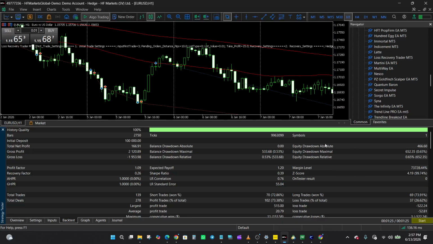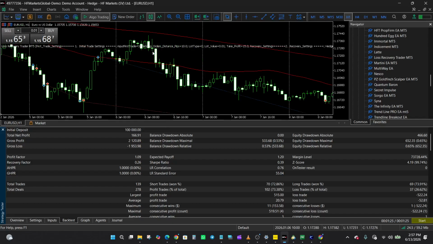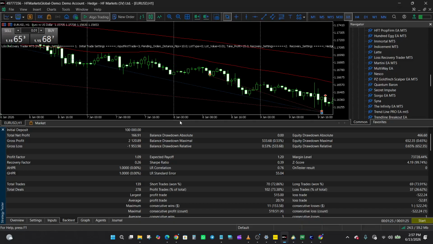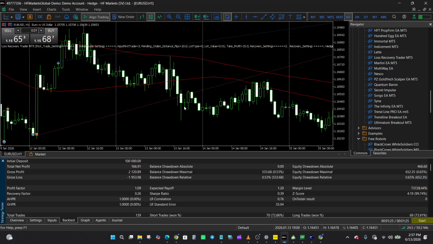As we review the completed historical testing results, one of the main things that I want to look out for is how the recovery sequence behaved after trades moved into drawdown. Since the EA's core logic revolves around alternating buy and sell positions within a defined recovery zone, the chart activity helps illustrate how the system managed adverse price movement during the tested period.